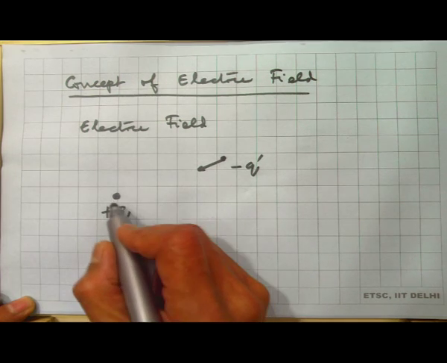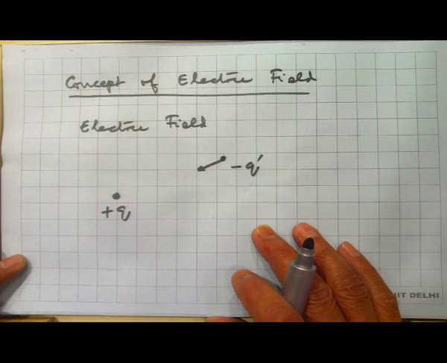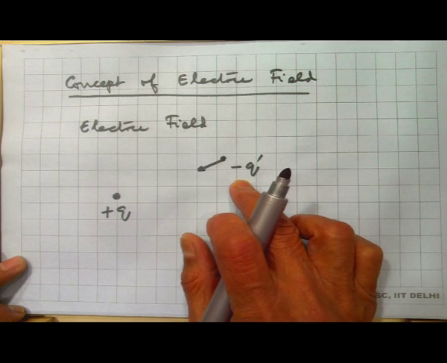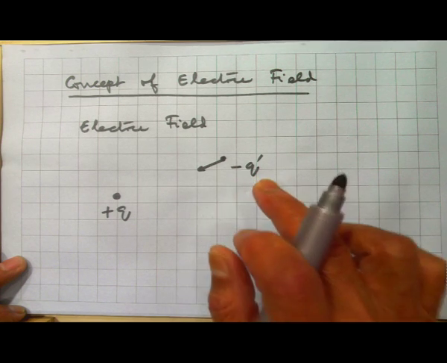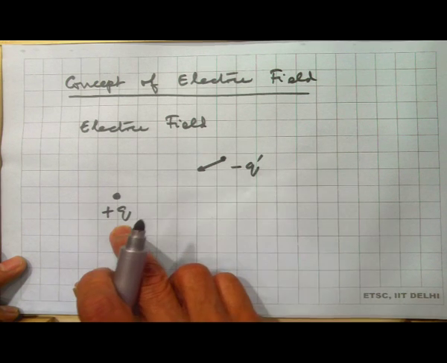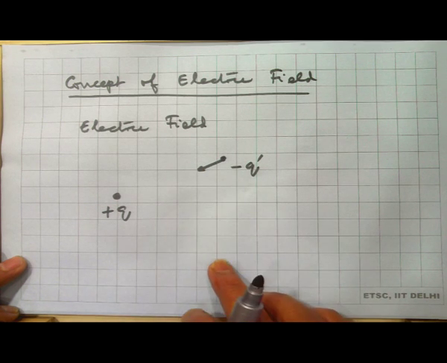So, plus q sets up an electric field in the space surrounding the charge, which then affects the charge minus q prime by either attracting or repelling it. Similarly, the charge minus q prime sets up its electric field, which then affects the plus q charge by attracting or repelling it, depending on the signs of the charges.